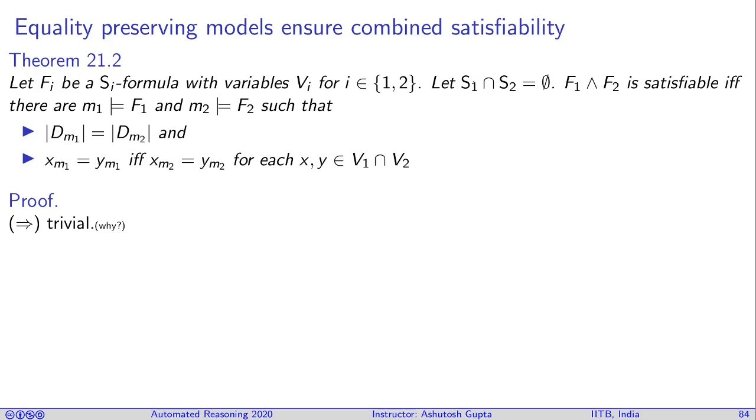So what do you need? If we have the same size of the models and, for all the common variables which are occurring there, xM1 is equal to yM1 if and only if xM2 is equal to yM2, then we have an equivalence and satisfiability.